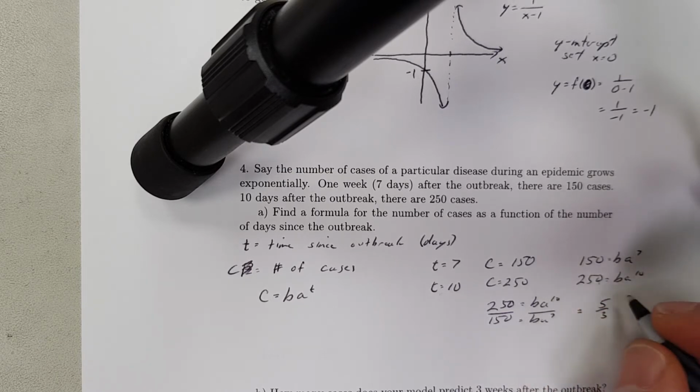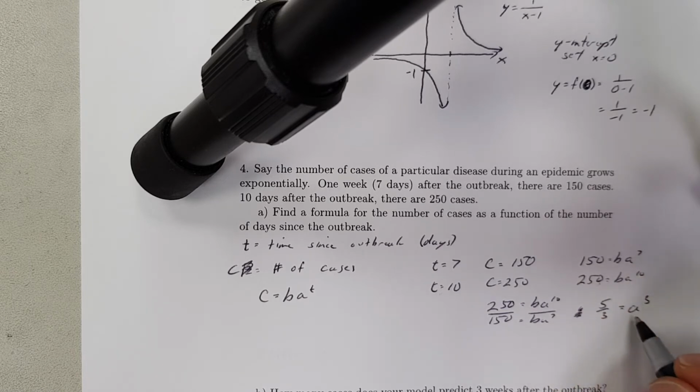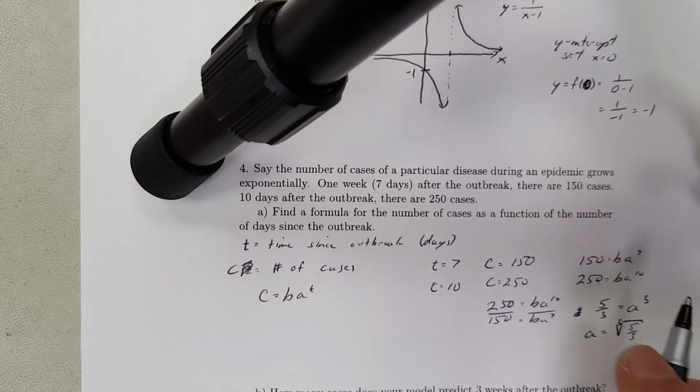And the b's cancel out, and a to the 10th divided by a to the 7th is just a cubed. So a cubed is 5/3, so a is the cube root of 5/3.